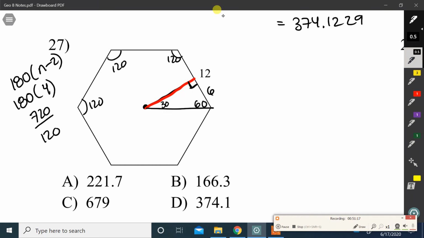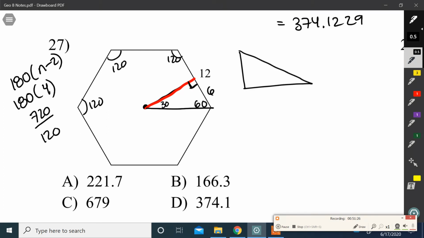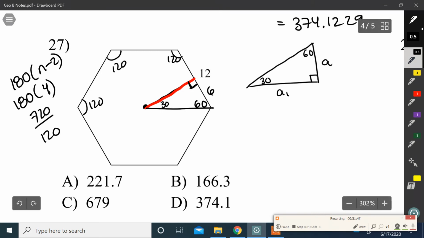Okay, so let's talk about our 30-60 triangle. I don't like to write like that. So we have a 30, a 60. If this is A, this will be A times the square root of 3.